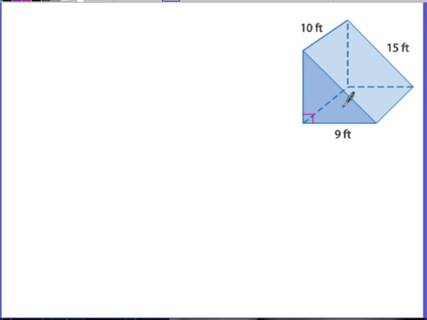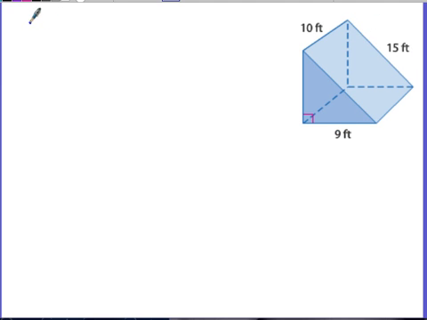Triangular prism, so we need to find the area of the base, which is a triangle, and then multiply by the height, which is the distance between the two triangular bases. So what are we missing in order to find the area of the triangle? The height. Right. Yeah, we need the height of the triangle, so we've got the base, so we can just use Pythagorean theorem.